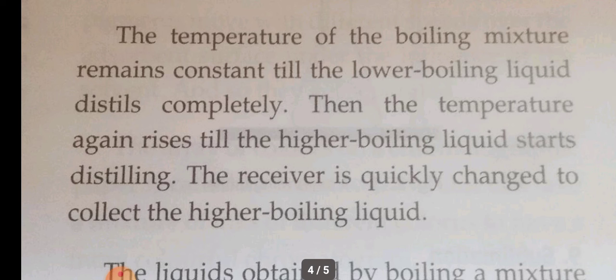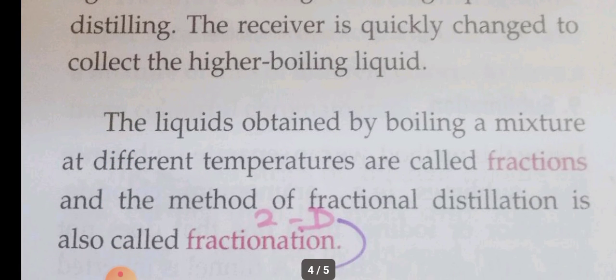The receiver is quickly changed to collect the higher boiling point liquid, so that the lower boiling point liquid is collected first and then the higher boiling liquid. The liquids obtained by boiling a mixture at different temperatures are called fractions.